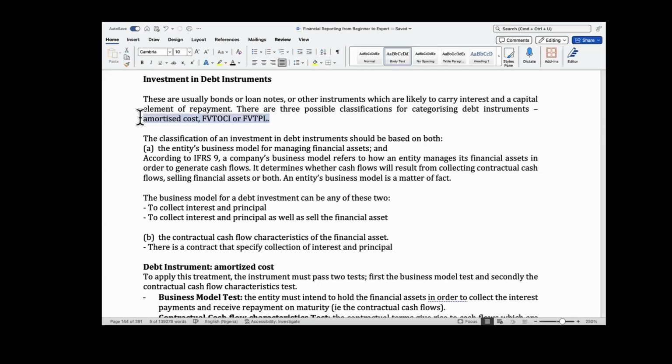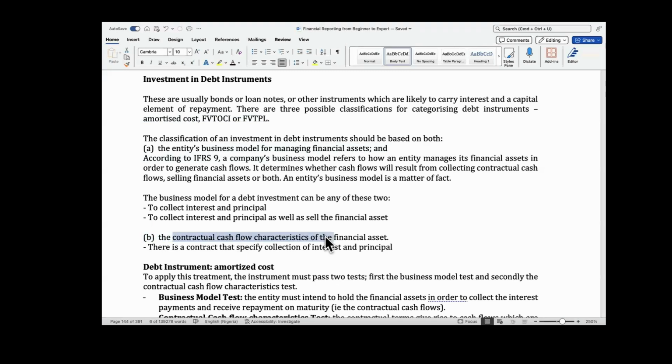And fundamentally, the standard says that the basis for how you classify is that you should look at the business model of that investment, and also something we call the contractual cash flow test.